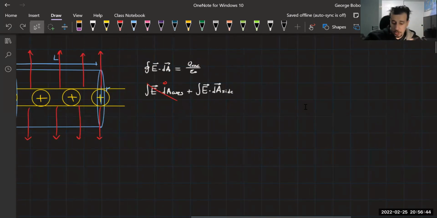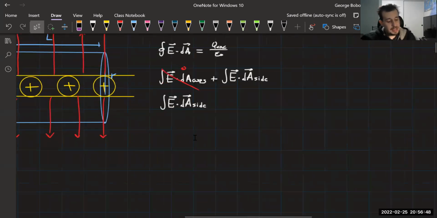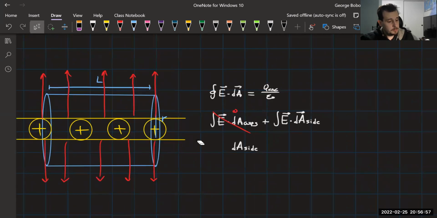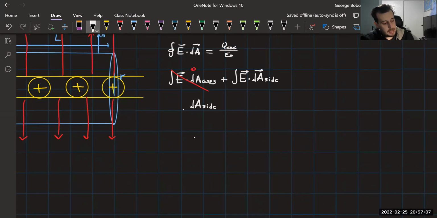Now that you know that, you understand why I can pull the electric field outside. The electric field is always parallel to our normals on the side of the cylinder, so we can completely pull the electric field outside like that.